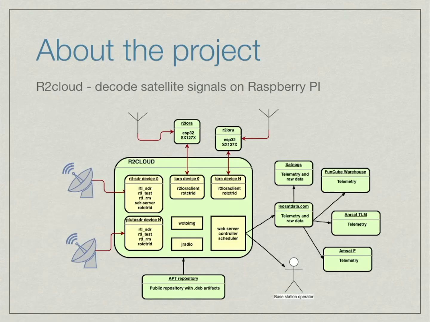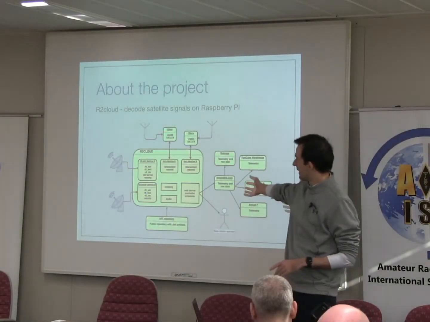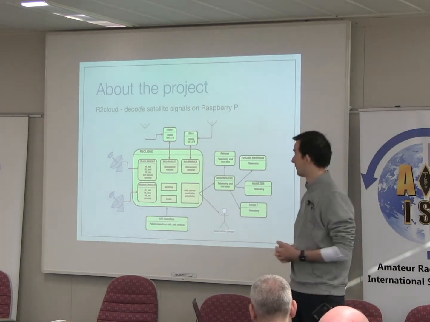Before I start, a couple of words about what it is. r2cloud is an application which you install on your Raspberry Pi or any other Linux-based hardware, and it can get the data from the satellites in an automated way. What Hita was talking about previously, this is, I think, the next step. You can actually get data from hundreds of satellites and process them.